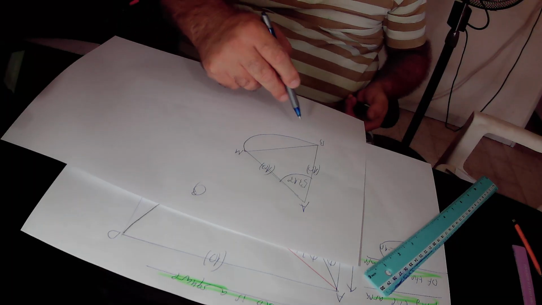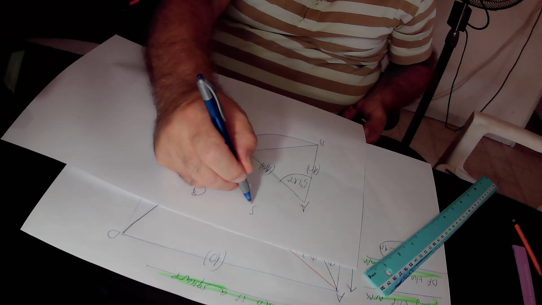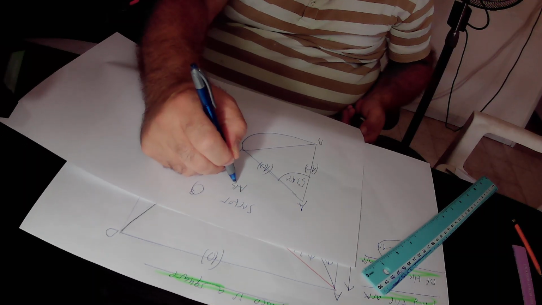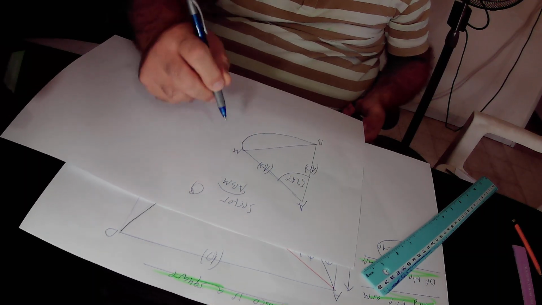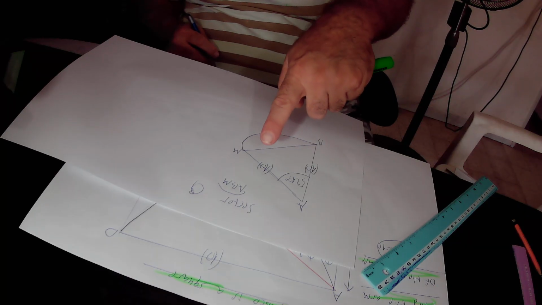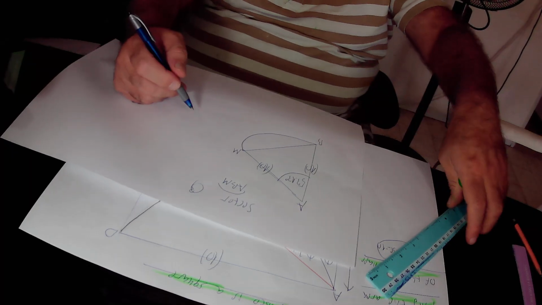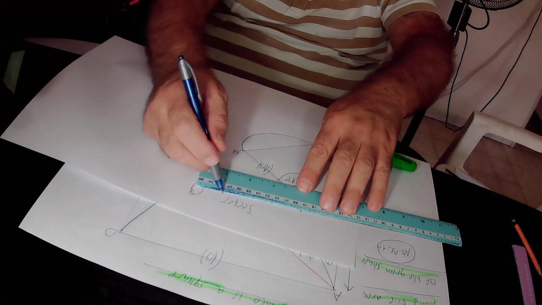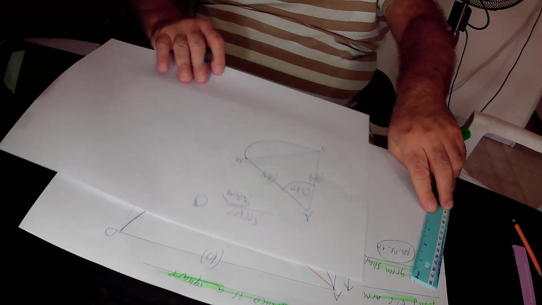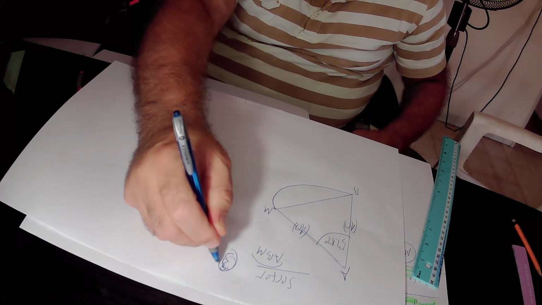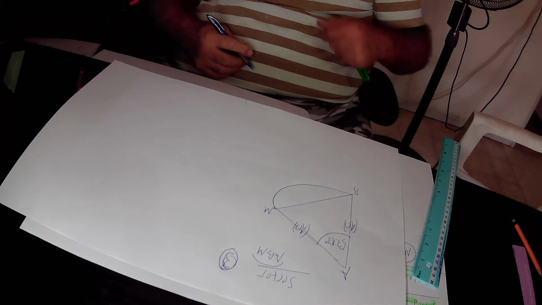This is sector ABM. The round sign above ABM is a sign for a sector. So first of all, what is the definition of a sector?